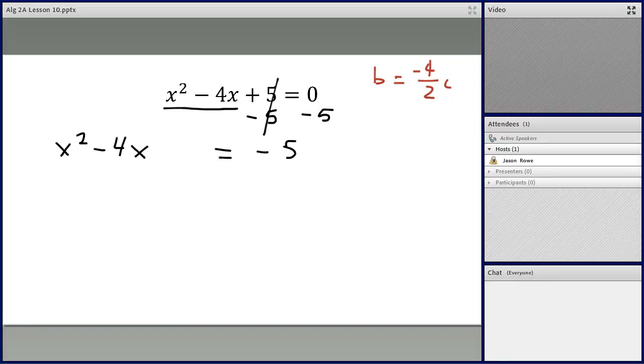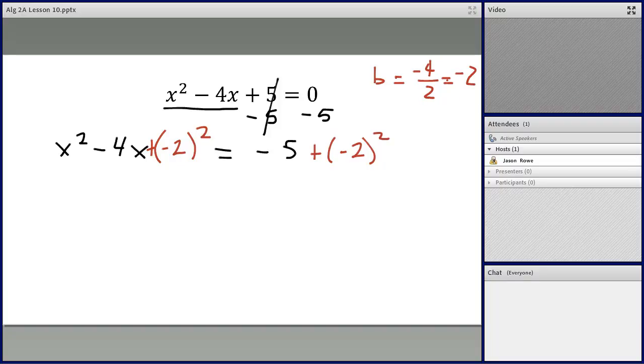That equals negative 2. And we're going to square that. So this is going to be plus negative 2 squared. And I'm going to do the same thing on the other side, plus negative 2 squared. That way I'm adding the same thing to each side.